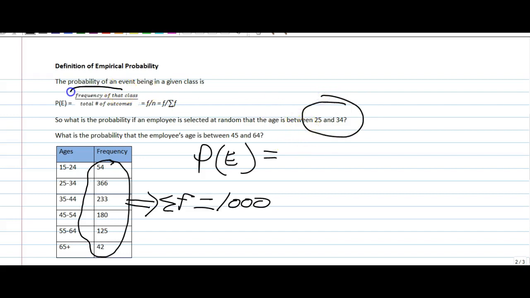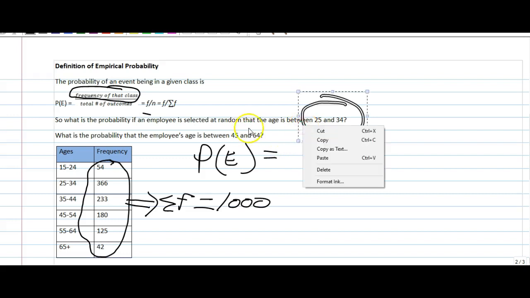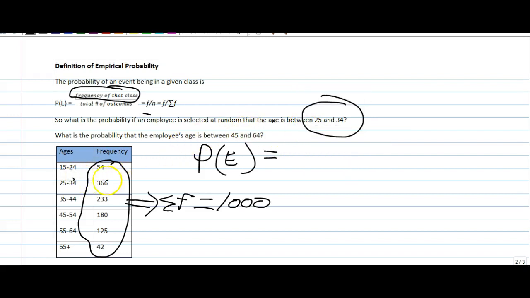So the definition of empirical probability, the probability of that event occurring, would be equal to the frequency of that class, which is 25 to 34, and the frequency of that class is 366, because I have 366 employees in that firm whose ages range from 25 to 34, over N, which is the total number of outcomes, or the sum of all the frequencies, which is 1,000.